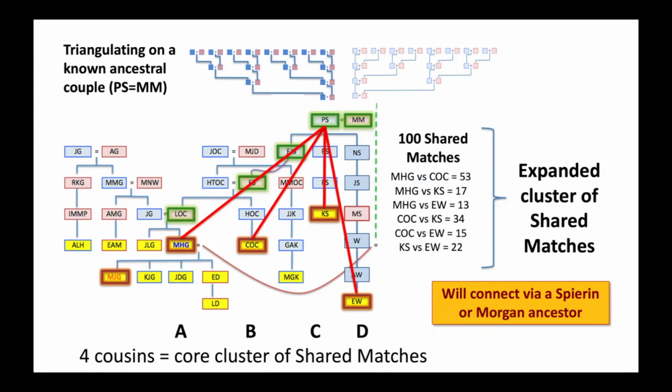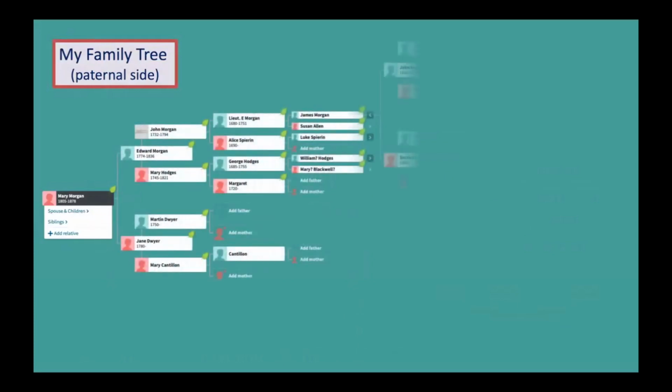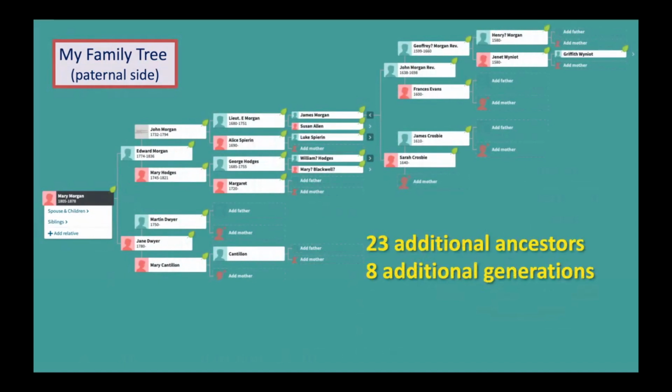And it allowed me to add approximately 23 additional ancestors to my family tree, an additional 8 generations that took me back to the late 1500s in Limerick, and before that, back to Wales. Potentially.